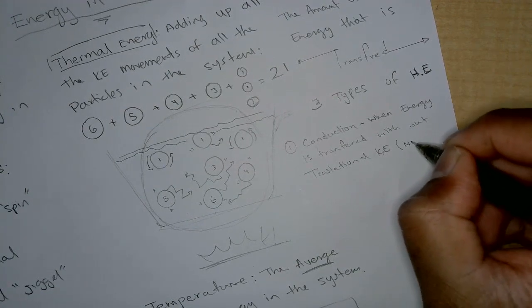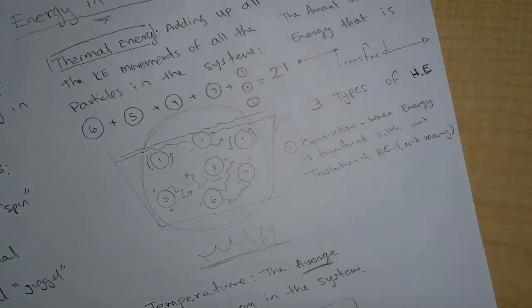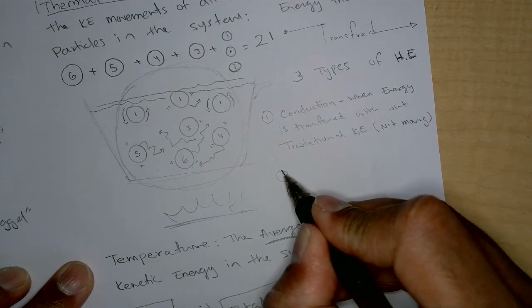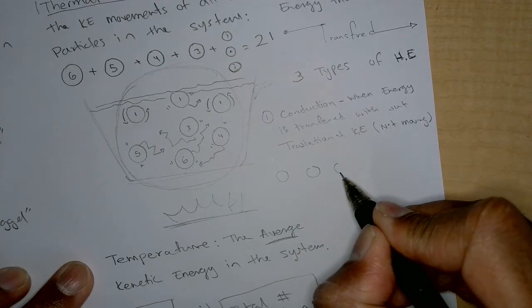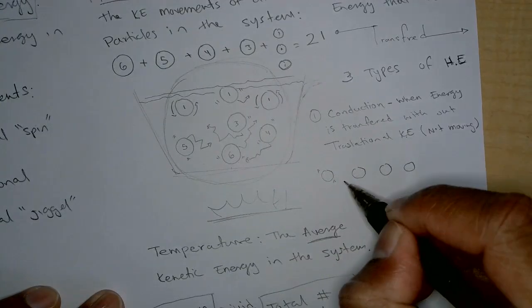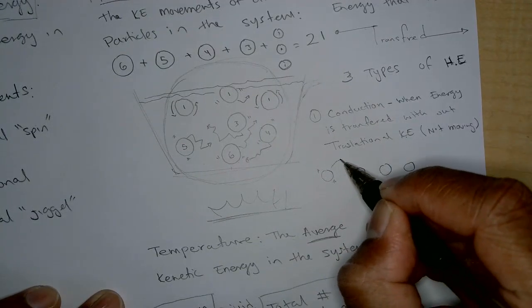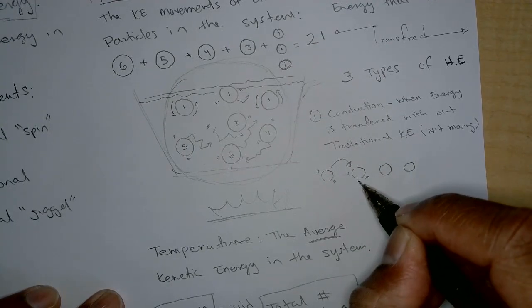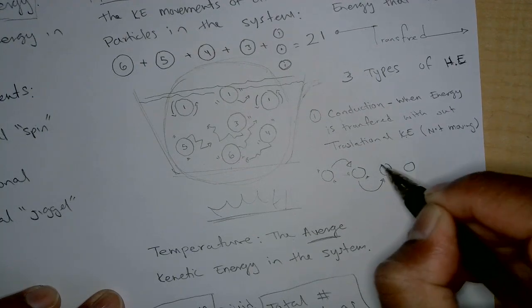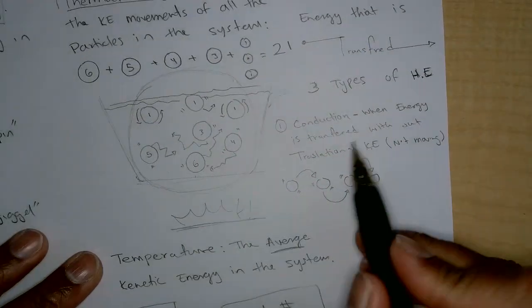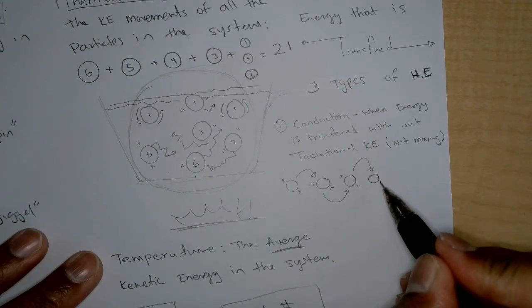Otherwise known as not moving. So the way that happens is you'll have a particle, and another particle, and another particle, and another particle, like that. This one will vibrate, and it'll bump into this one. It'll stay in place. It's not going to move. And then the energy will transfer from here to there, to there, to there, just like that. The thing that makes the energy transfer is the bumping or the jiggling.